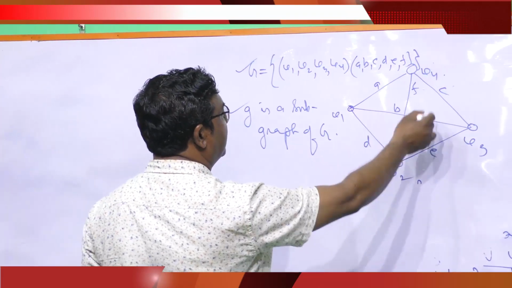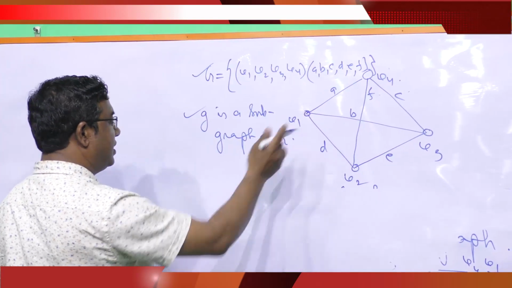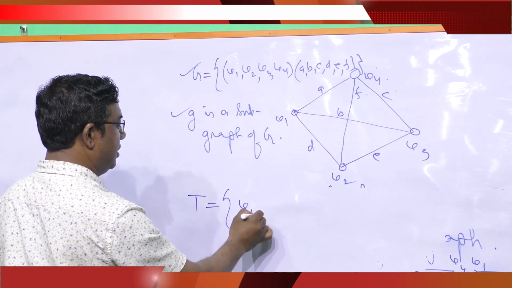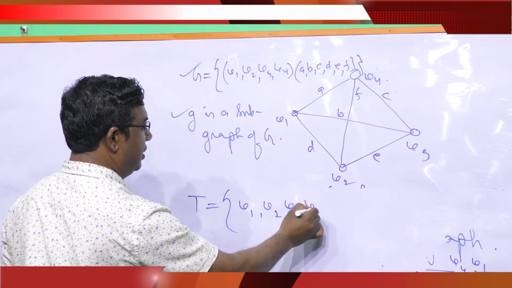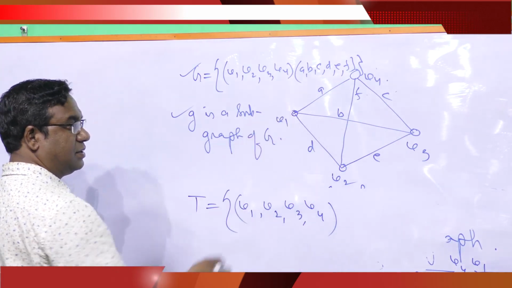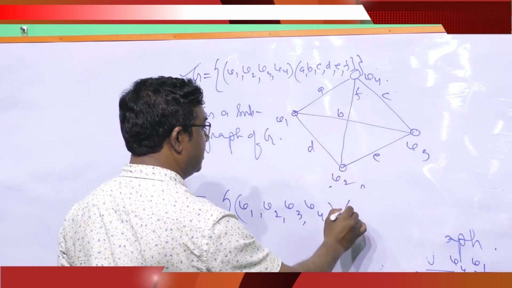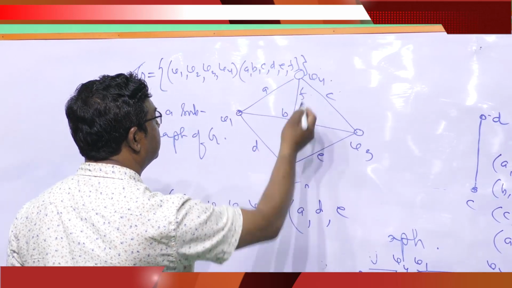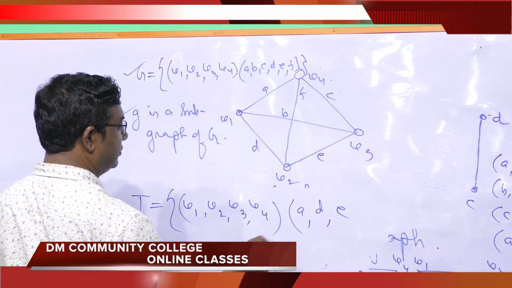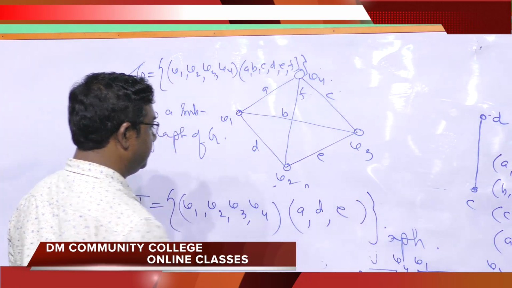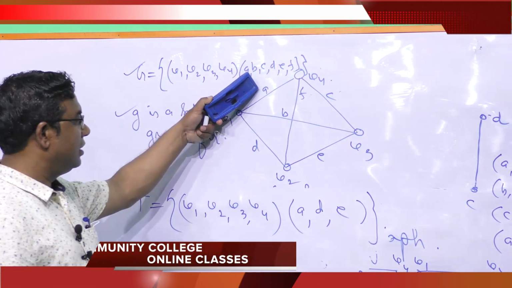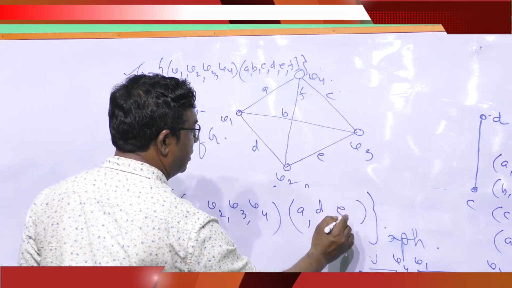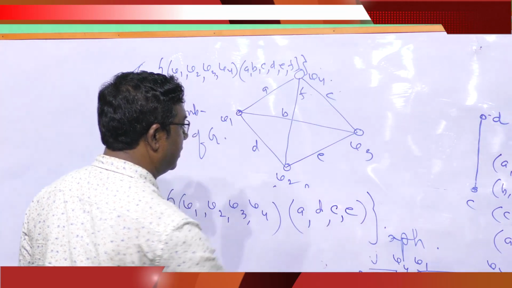Suppose a graph is given here. Suppose there is a subgraph containing all the vertices, say B1, B2, B3, B4. All vertices are members, and edges, say A, D, say E. Suppose A, D, E, C, like this.